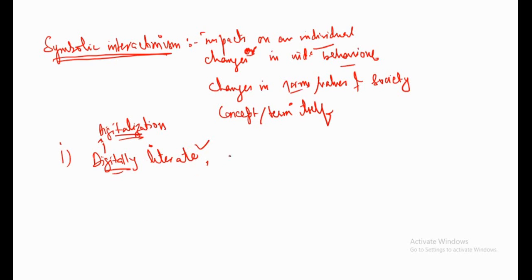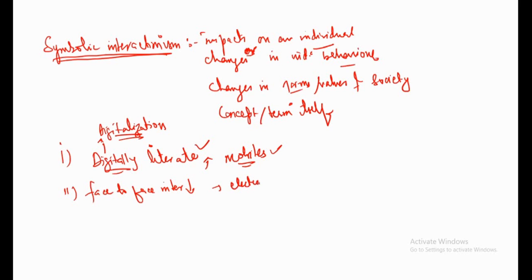People who were earlier not having mobiles got mobiles, and they learned how to use them. Second, face-to-face interaction decreased, and interaction through online mode increased.